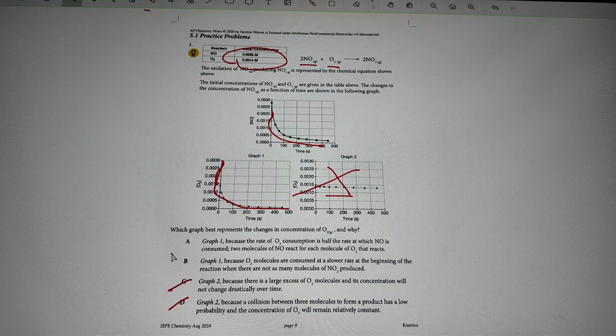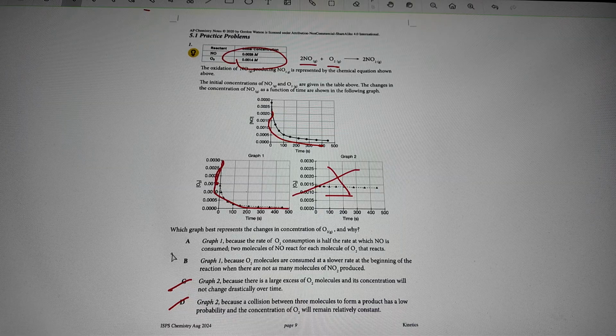Graph 1, because the rate of O2 consumption is half the rate at which NO is consumed. 2 molecules of NO react for each molecule of O2 that reacts. Yeah, right? Because for every NO we react with, we use up half an O2.